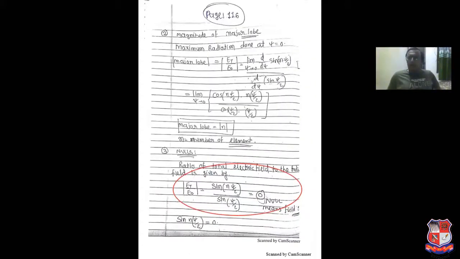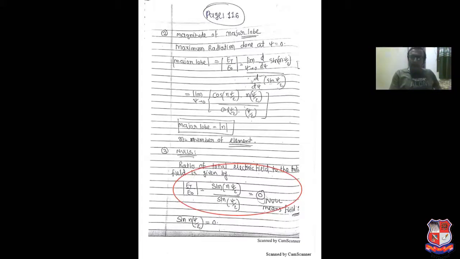Next, magnitude of major lobe. Magnitude of major lobe means what? Maximum radiation that can be done at ψ equal to 0. Why? Because of 90 degree phase difference. See this.